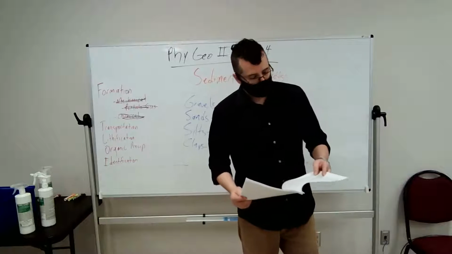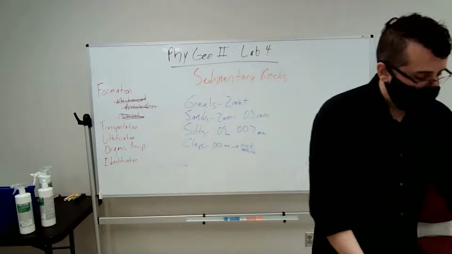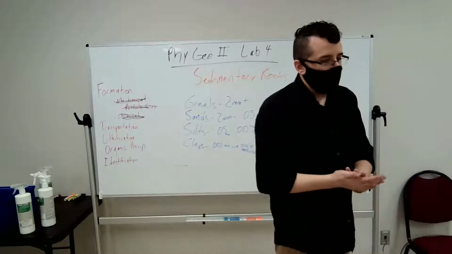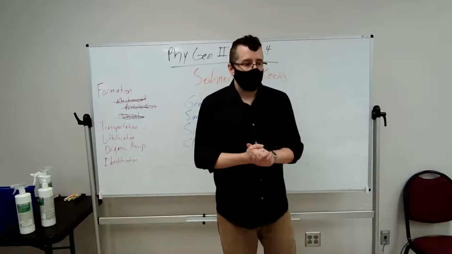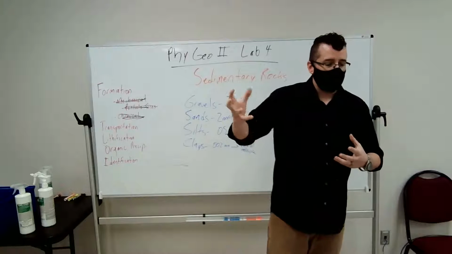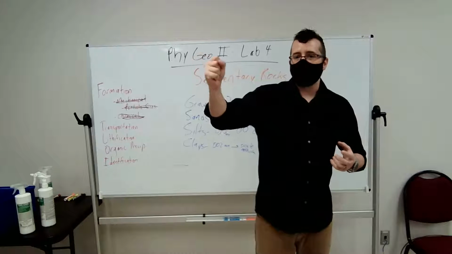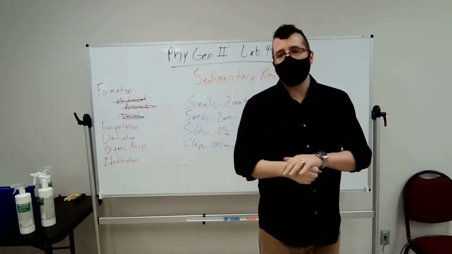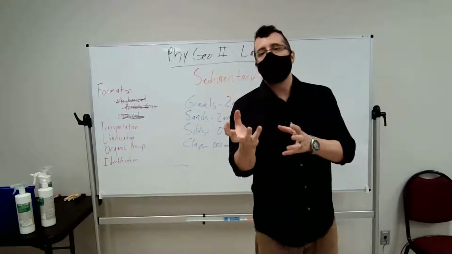On page 36 in your lab manual, we talk about the transportation of ions in solution. So when you have a chemical weathering process, what it can do is it can take these ions and take them somewhere else, and that is called the solution load. That is what that is. It's a solution.